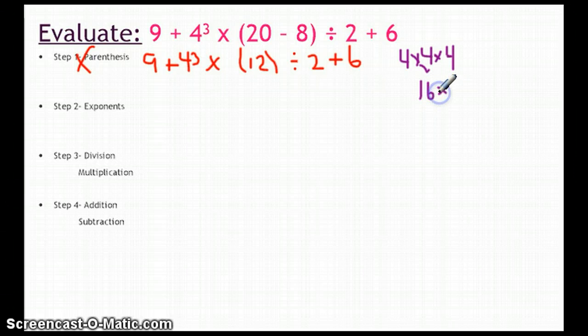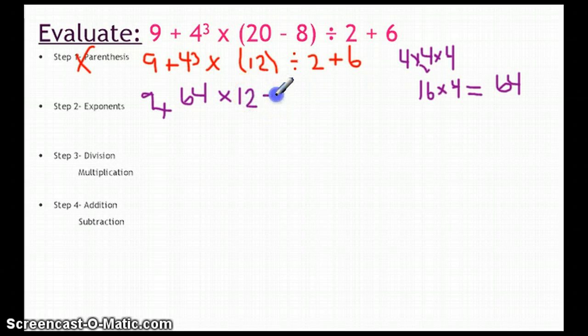And 16 times 4 is 64. So we have 9 plus 64 times 12 divided by 2 plus 6.